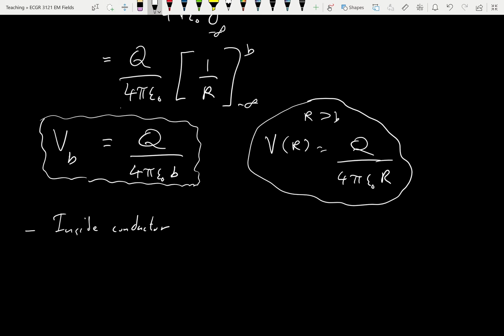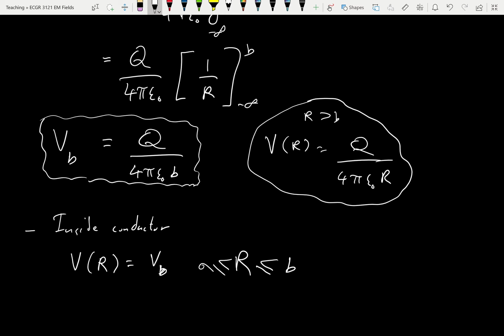So anywhere in the conductor, Vx equals Vb, where x is some value larger than A and less than B. Let me, instead of x, say R, because this is spherical coordinates, okay? Another way of describing it is saying that a conductor is an equipotential volume, right?